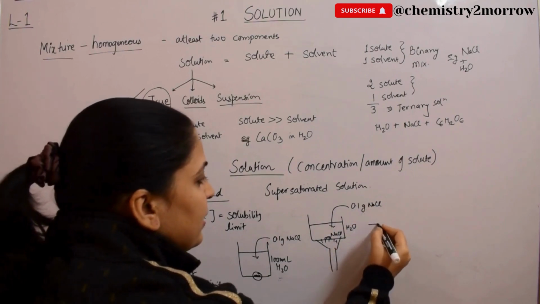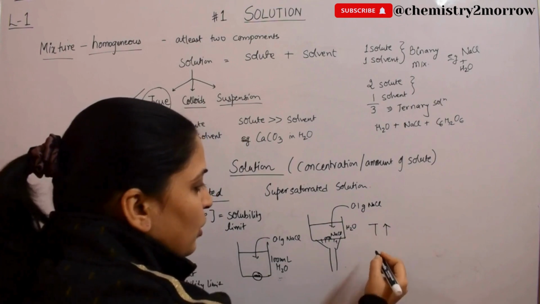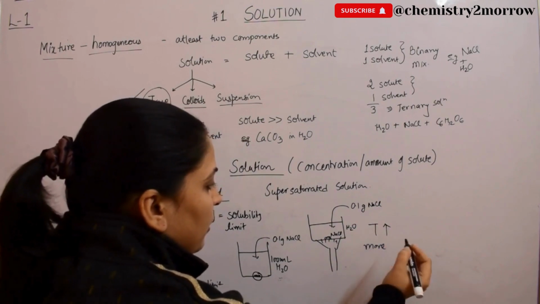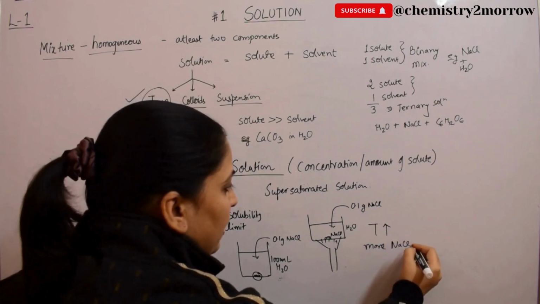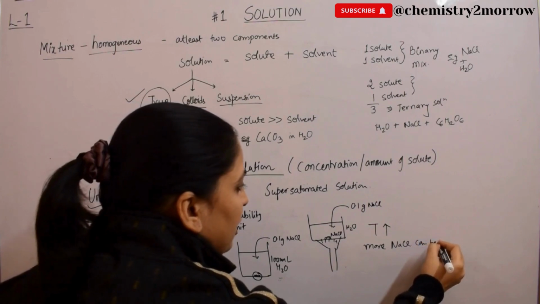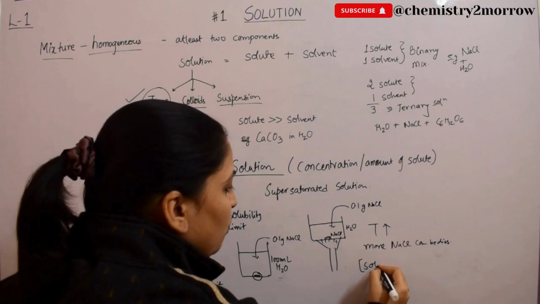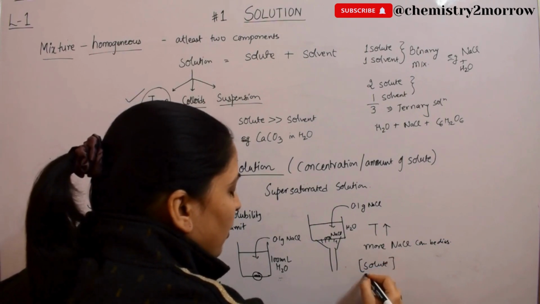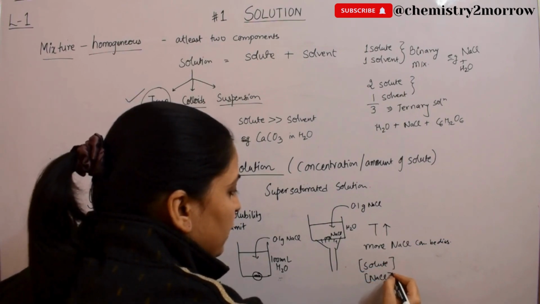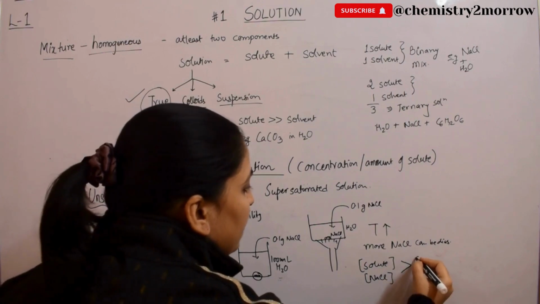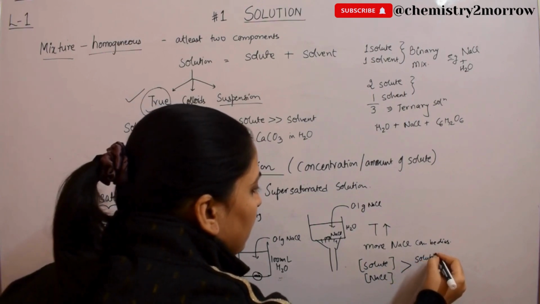So as I increase the temperature, more NaCl can be dissolved. Mathematically, we can write here that the amount of solute, or NaCl, is more than its solubility limit.